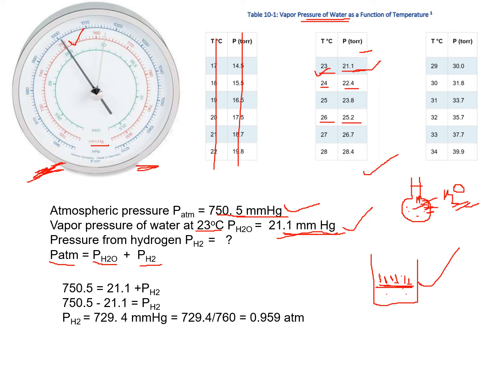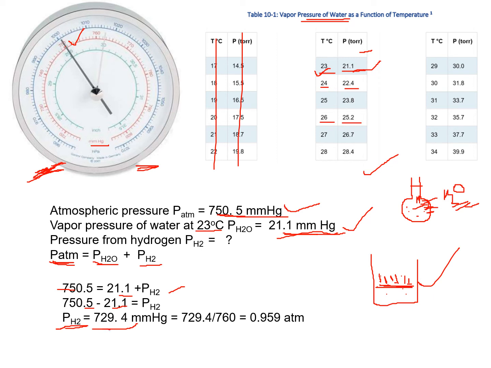So put those numbers here. What is the atmospheric pressure? 750.5, so we put 750.5 here. What is the partial pressure of the water vapor? The vapor pressure of water, that is 21.1, plus P H2. Now solve this equation: the partial pressure of the hydrogen is equal to 750.5 minus 21.1, that is 729.4 millimeter of mercury.